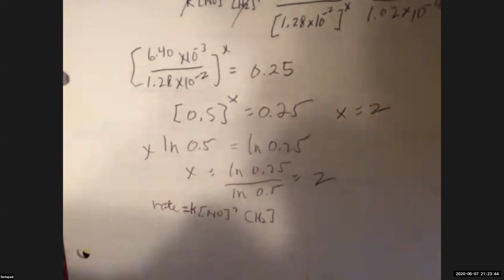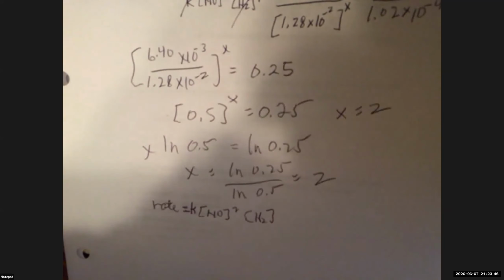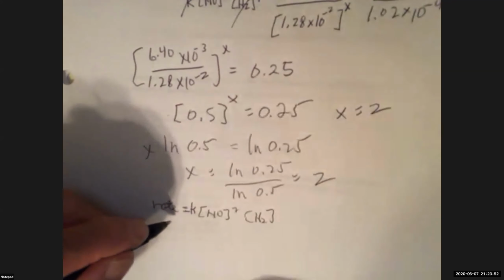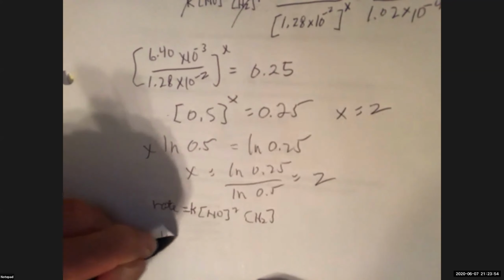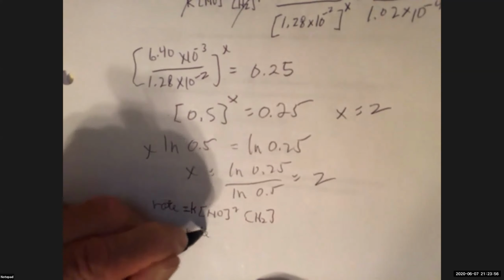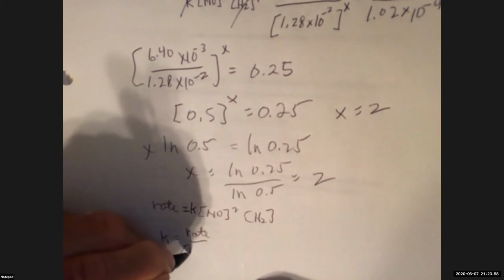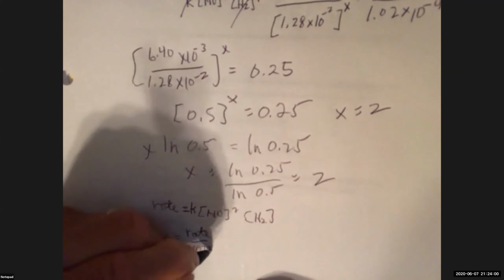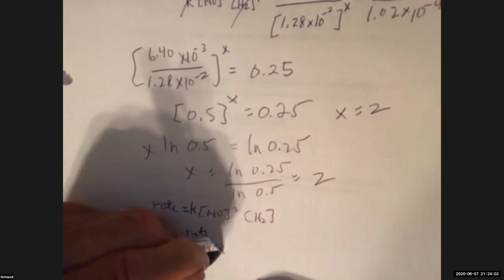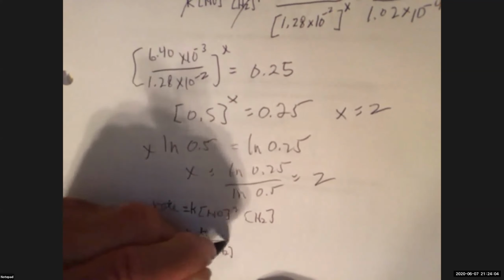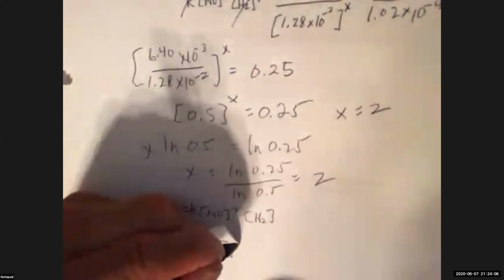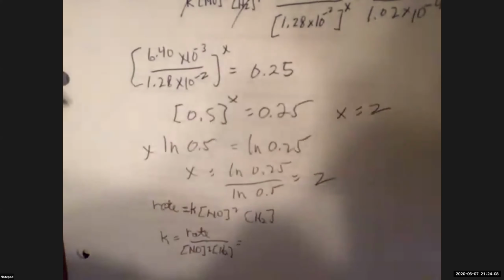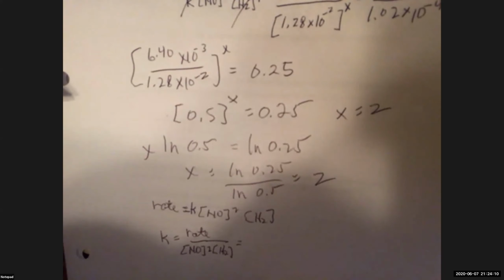The other question is, after we get the order of the reaction to each reactant, calculate the rate law constant. So the rate constant K is going to be the rate over the concentration of NO squared times the hydrogen concentration. Let's just use reaction 1. Let's go back up here.